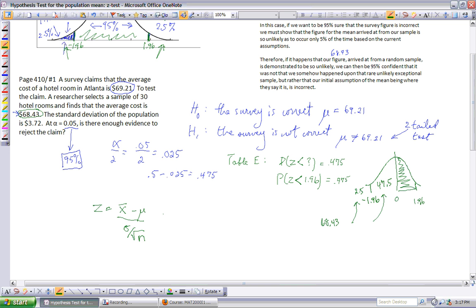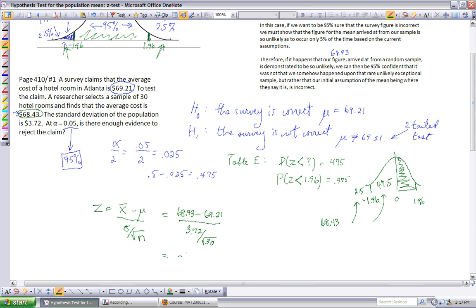So I'm going to put in the values, and let's see, x bar is 68.43 minus 69.21 over, what is that, 3.72, and square root of 30.